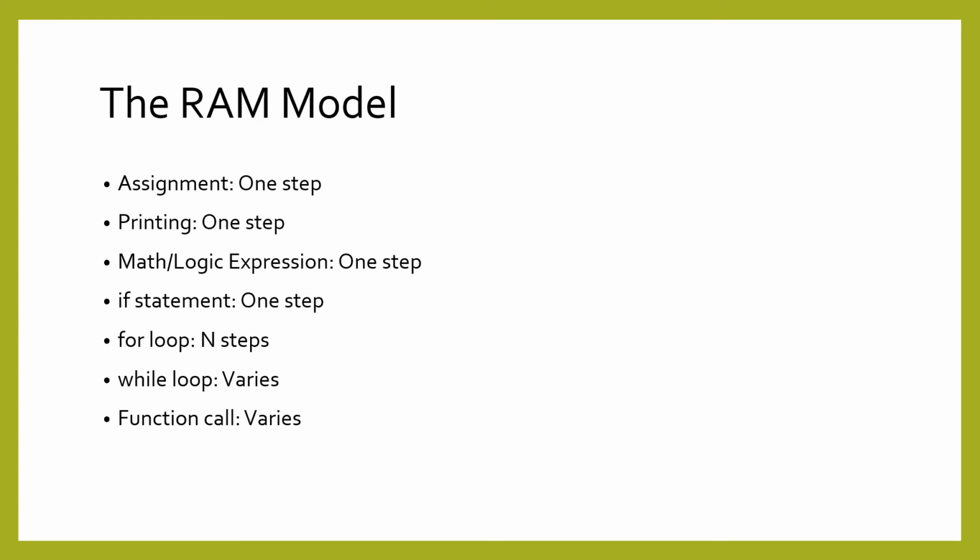In the RAM model, most simple actions, such as assignment or printing, take a single step. In fact, all math and logic expressions take a single step too, even if there are many operations inside of the expression. However, for and while loops are more complicated, as are function calls. The for loop is not usually so bad, since it usually means that we just have to do one additional step for each element of the input.